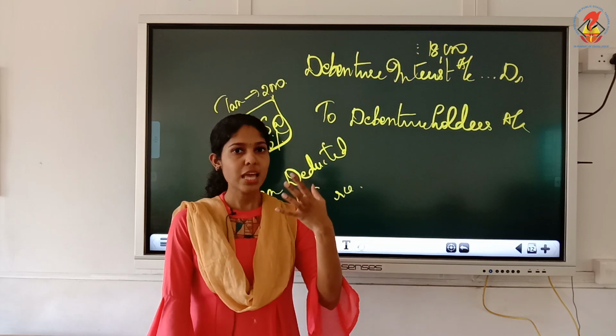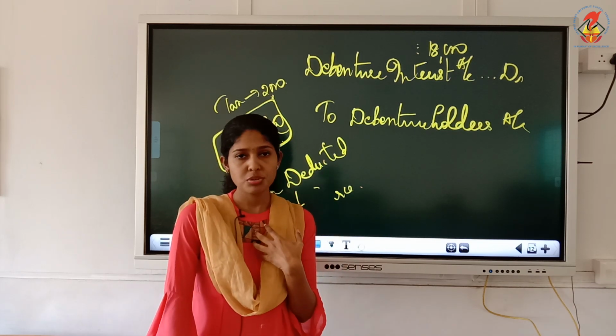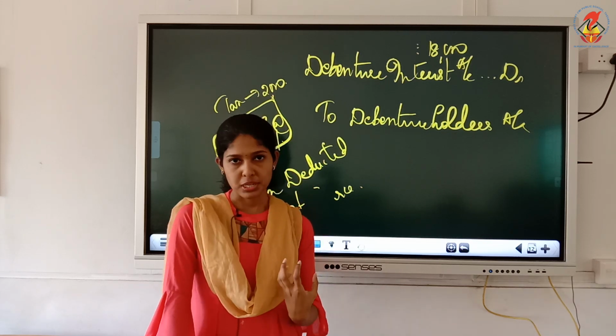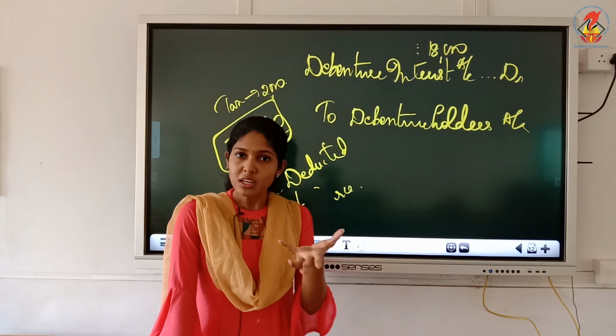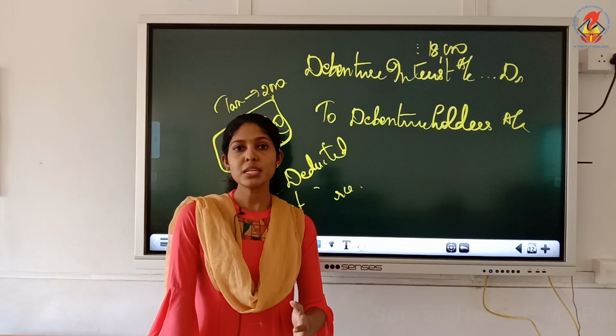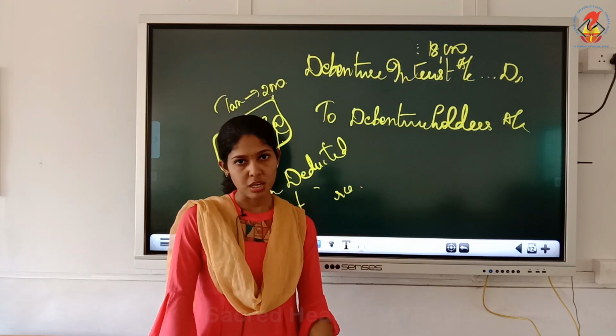That 2,000 is actually the debenture holders' amount. It's not our amount. We have taken 2,000 from their interest only. But since that 2,000 is there with the company now, it is the liability of the company to pay this 2,000 to the government.